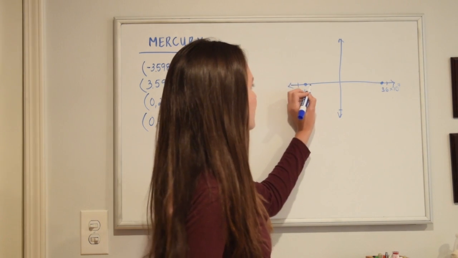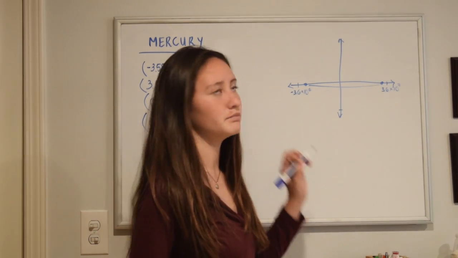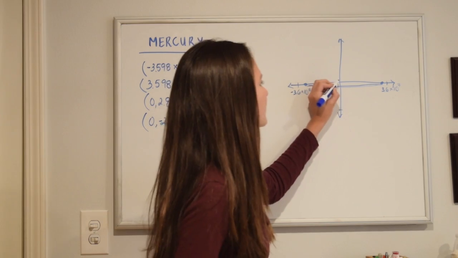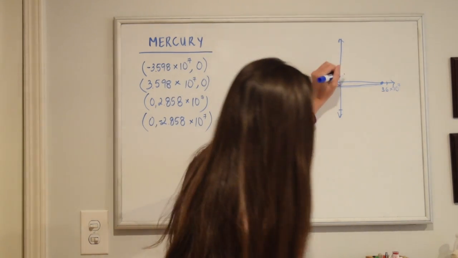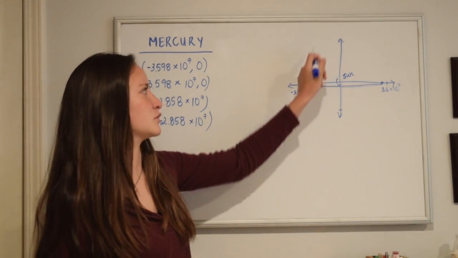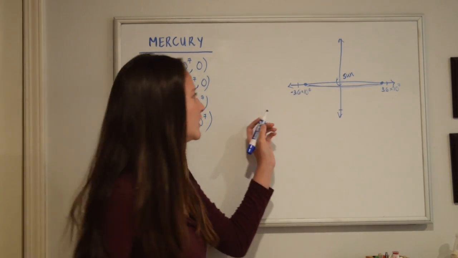And then, so this is the semi-major axis. This is the longest part. And then the center here is going to be the sun. So now it's not in a perfect ellipse, but this is just how we're representing it here.